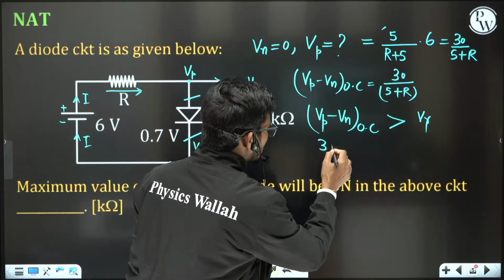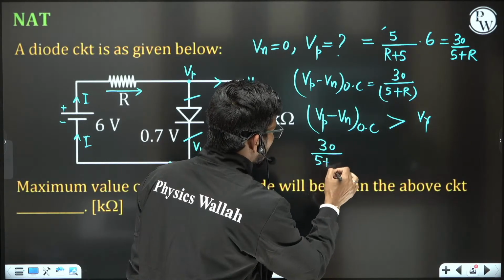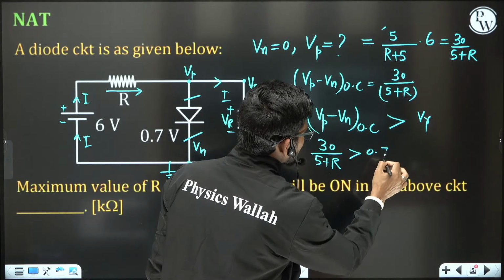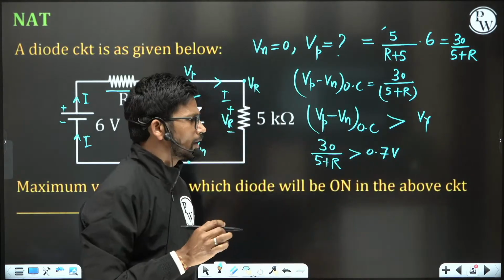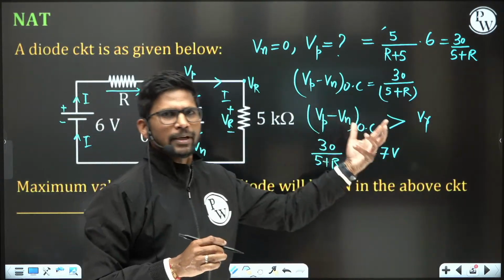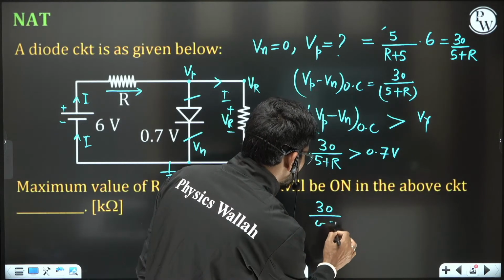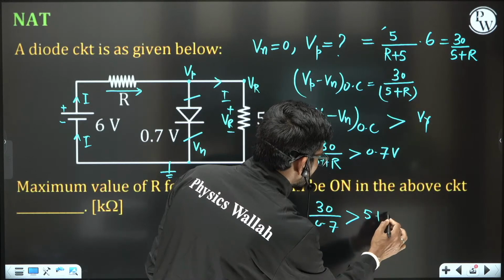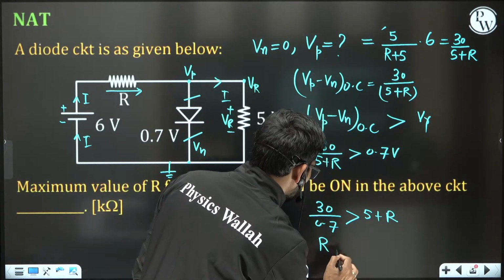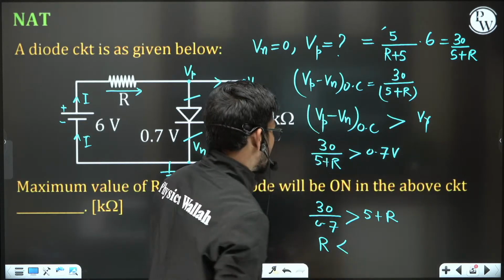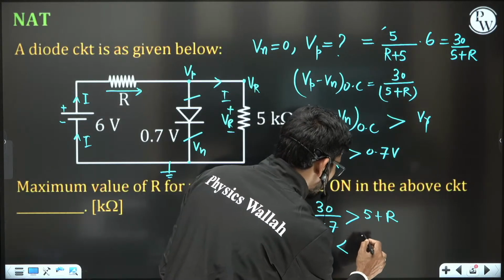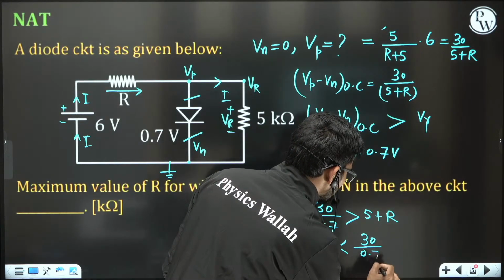So as long as 30 upon 5 plus R is greater than 0.7 volt, which is V gamma, the diode will be in on condition. So 30 upon 0.7 is greater than 5 plus R, so R comes out to be less than 30 upon 0.7 minus 5 kilo ohm.